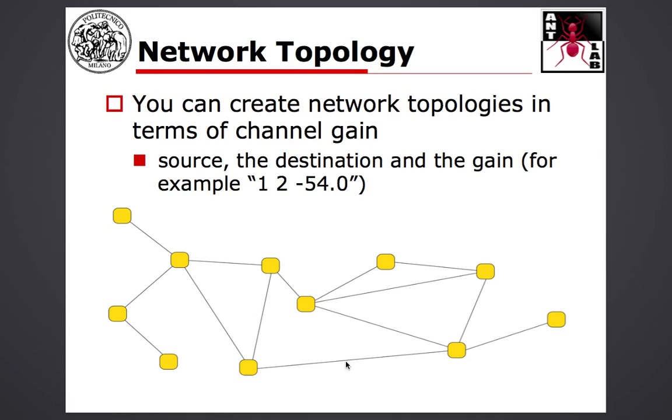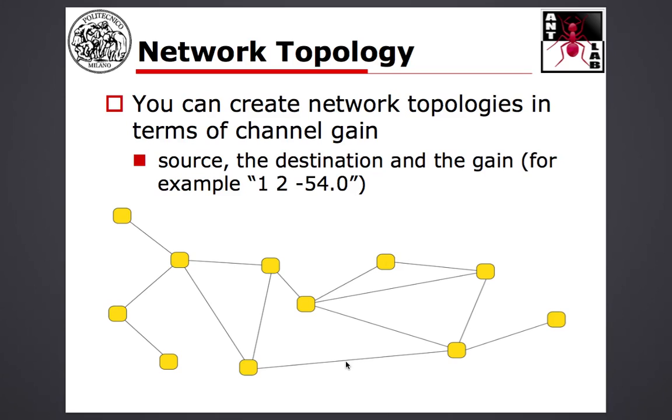So, for example, one link in the network topology is defined by a triplet of numbers, for example, 1 2 -54, where the first two numbers are the identifiers of the nodes in the network, okay? And the third number identifies the channel gain between the two nodes, okay? In dBm, so in decibel milliwatts.